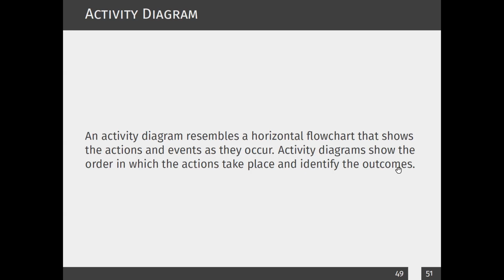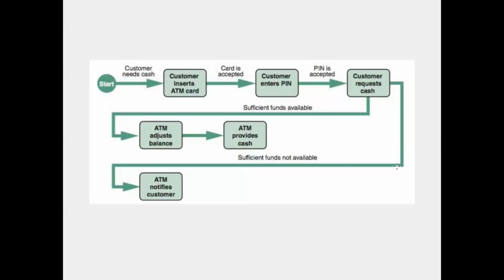Right. In this one, if you take an example, you can see the activities. So for example, in this example, it will show you the activities of interacting with the ATM. So in this particular case, you see we will have the customer.